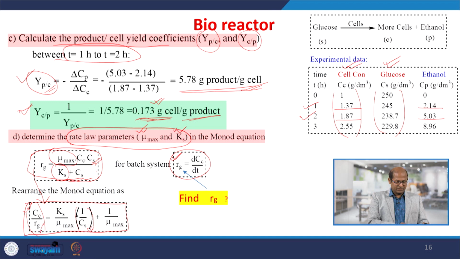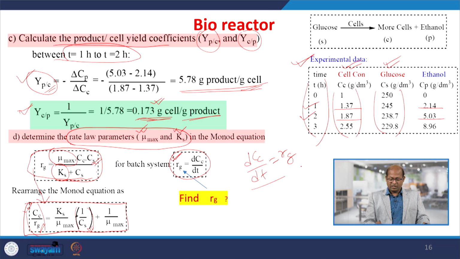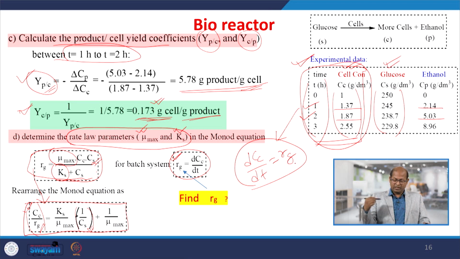And Rg we do not know, but from this experimental data we can find out Rg equals dCc by dt, the rate of cell formation. So, using time and the cell concentration at time, this data we can use to find out this. How to find out Rg value, that we will discuss.